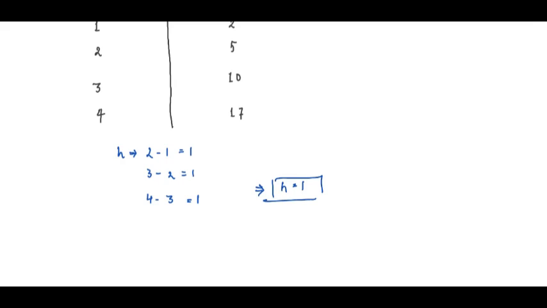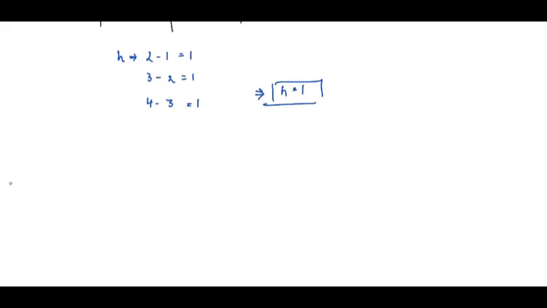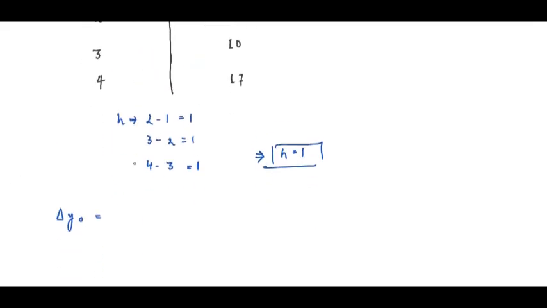Now constructing the difference table, we have the first differences: del y0 as 5 minus 2 is 3, del y1 as 10 minus 5 is 5, del y2 as 17 minus 10 is 7. The second differences are del square y0 as 5 minus 3 is 2, and del square y1 as 2 again.